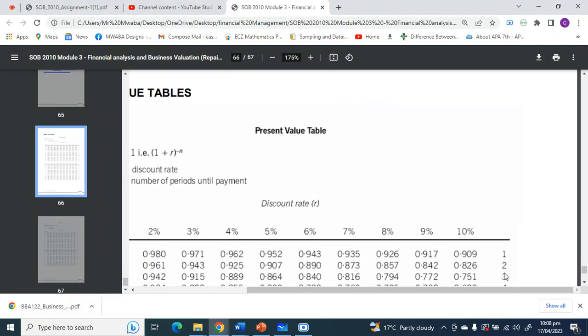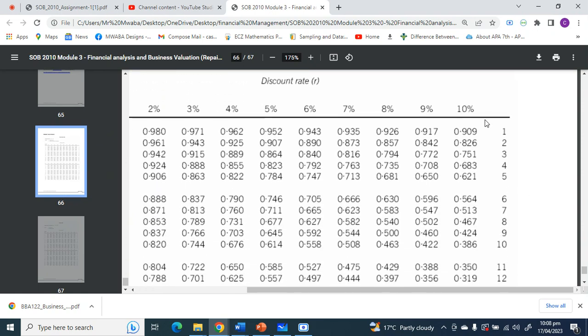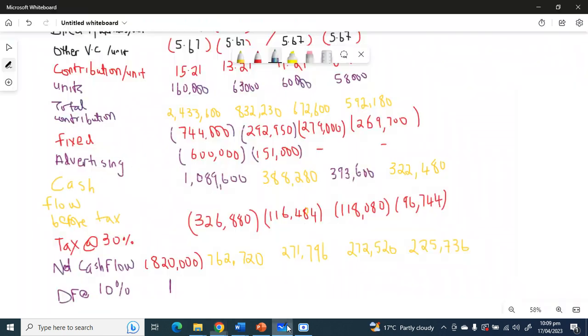We come to our table here, 10%. This is our discount factor, 10%. Year 1, 0.909. Year 2, 0.826. Let me just jot them down so that I'm not coming back to this table. Year 1, 0.909. Year 2, 0.826. Year 3, 0.751. Year 4, 0.683. All right, so we put them in.